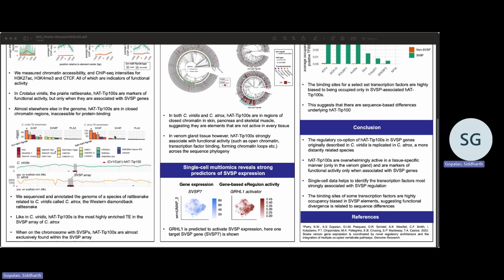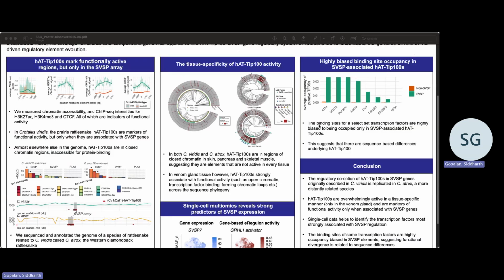We also generated some single cell multiomic data, which measures gene expression and chromatin accessibility from the same cell, and used that to estimate transcription factors that are most important for SVSP regulation, to see if binding differences for these transcription factors seem to be important or not.